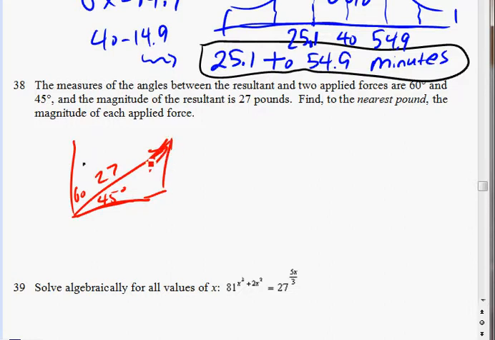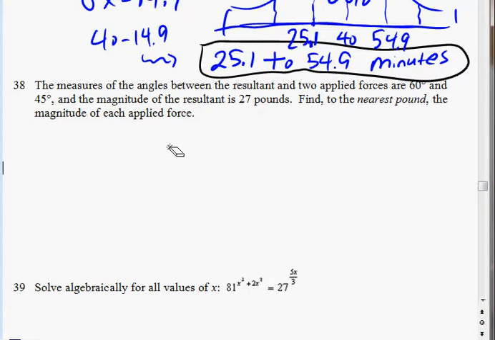Ooh, this is a horrible drawing. Let me try to do this one more time. Okay. We have a resultant of 27, 60 degrees over here, and 45 degrees over here.